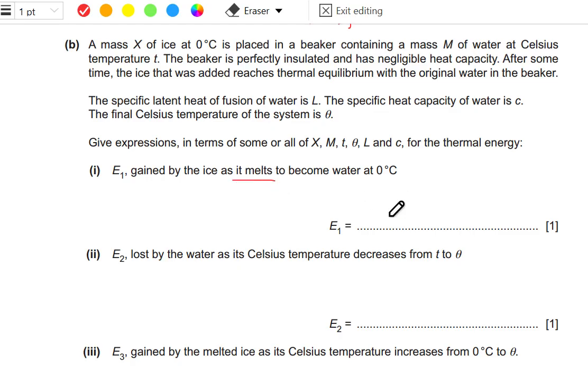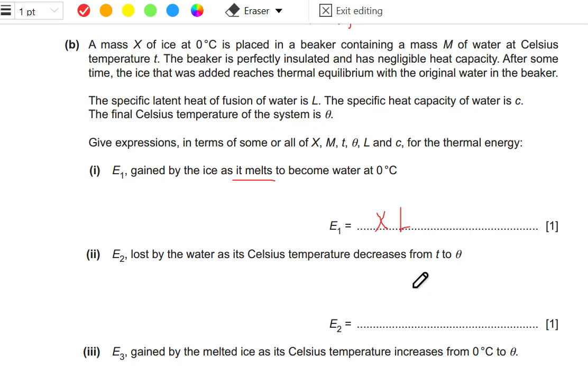Because it is melting, we have a latent heat, which is calculated by multiplying the mass of the material, which is the ice here, x, times the specific latent heat of fusion of water, which is L.